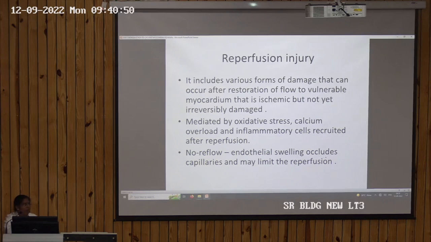There may be also that when the blood is there, the endothelial cells may become swollen up, so that the lumen of the capillaries is blocked, and even when we have reperfused, the end tissue does not get any blood. That is, it becomes a no reflow. Understood? Because the last vessels that are present, the capillaries, the lumen of the capillaries is blocked, so we cannot do anything in that.